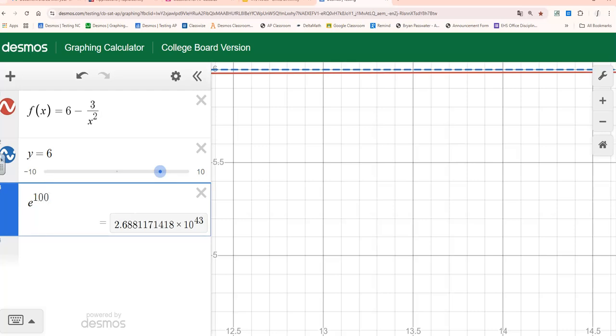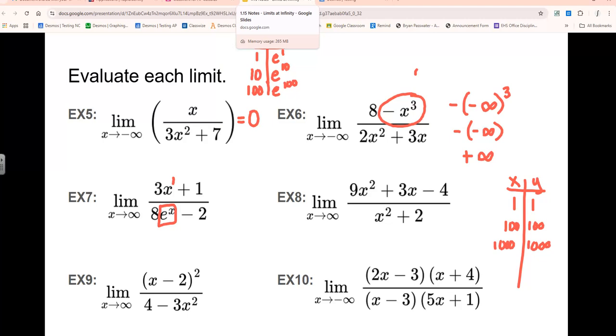It might protest. I get 2.68 times 10 to the 43rd. That's scientific notation. It means I have to move this 43 places to the right. That gets bigger way faster. So a note right here is, if you just have an e to the x, as long as x is approaching positive infinity, e to the x is greater than x to any power.